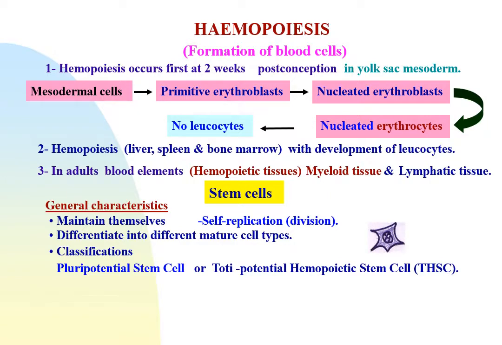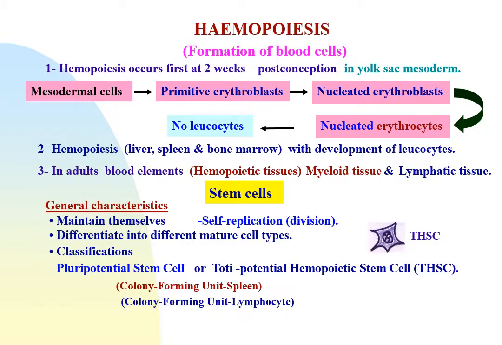This totipotential hemopoietic stem cell gives rise to two more restricted pluripotential stem cell populations, which are the colony-forming unit spleen and the colony-forming unit lymphocyte.